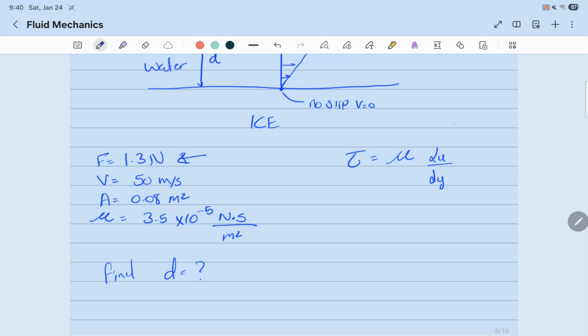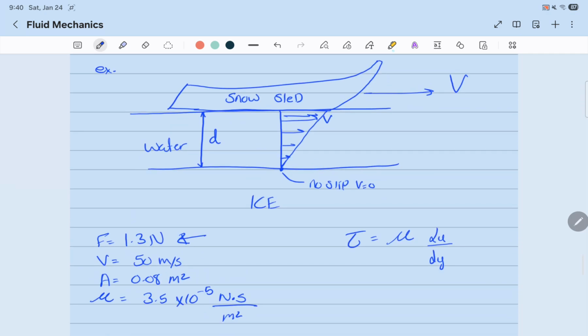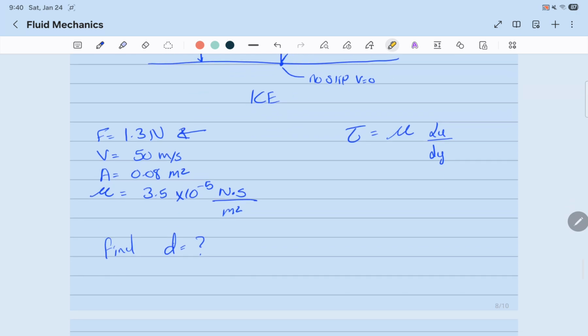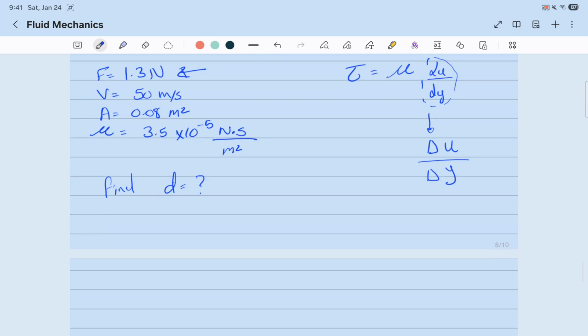And since the velocity is assumed to be linear in this example, du/dy can be changed to change in velocity divided by change in height.